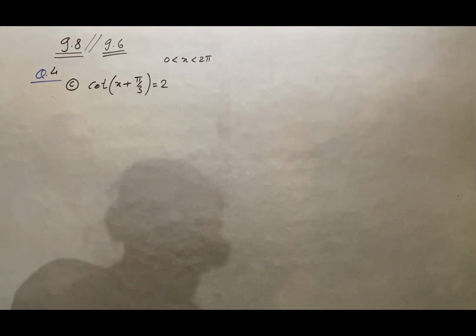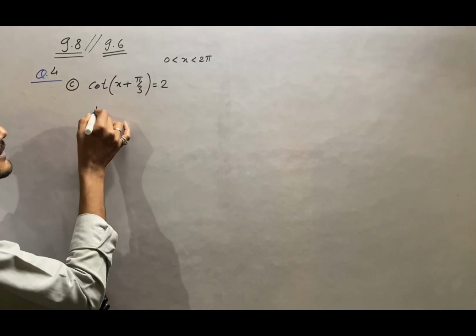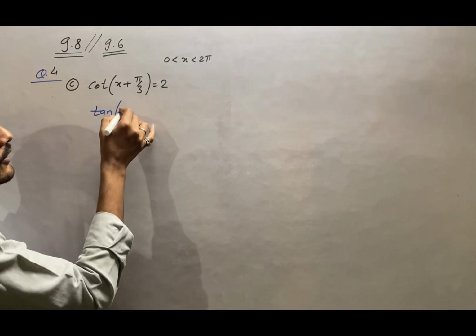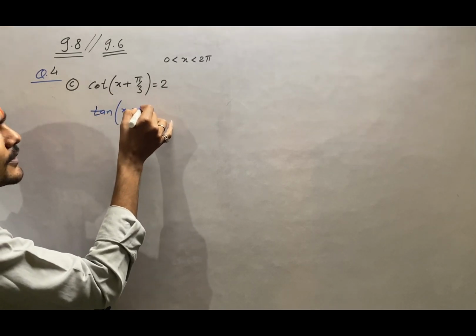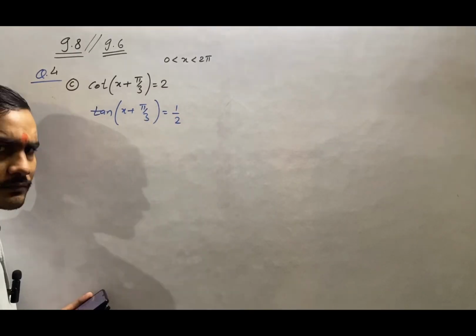Right. So first what we will do is take the reciprocal of the function. So the reciprocal of cot is tan of x plus pi over 3 equals 1 over 2.